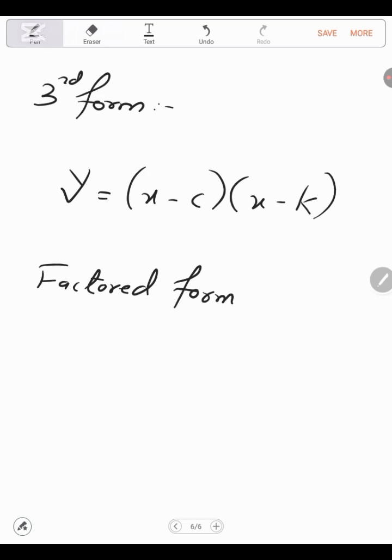Because if you remember, whenever you factorize an equation, for instance, if your equation was ax square plus bx plus c equals to 0, you might get two factors in this form.